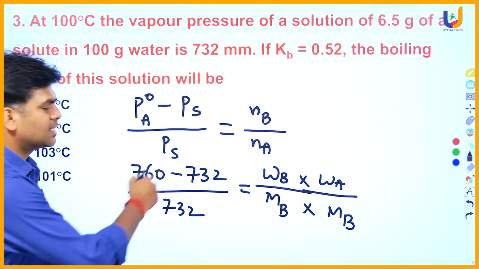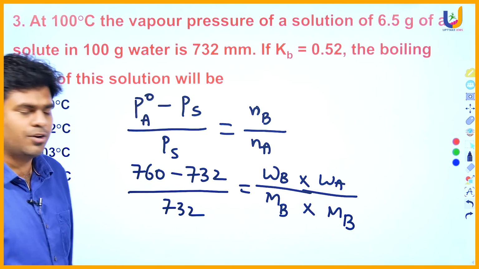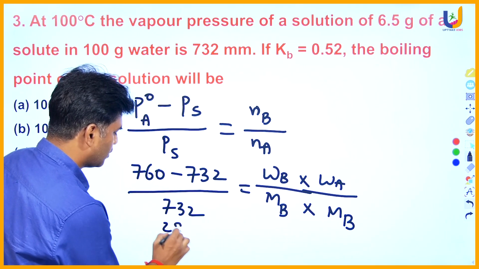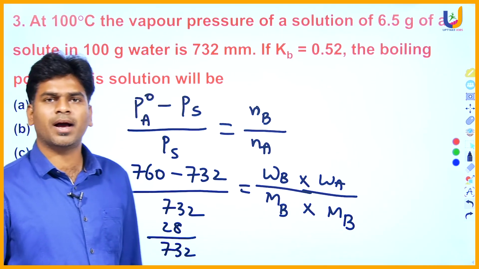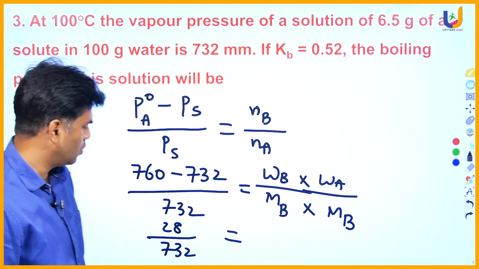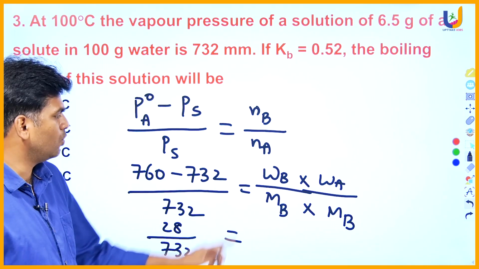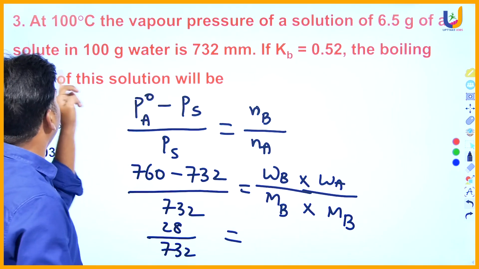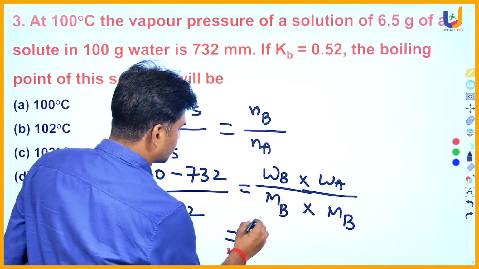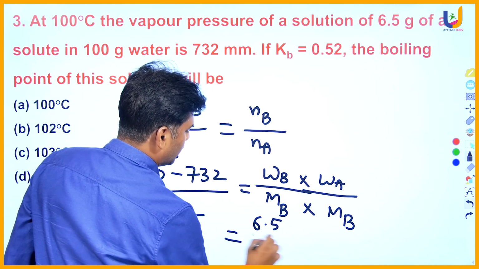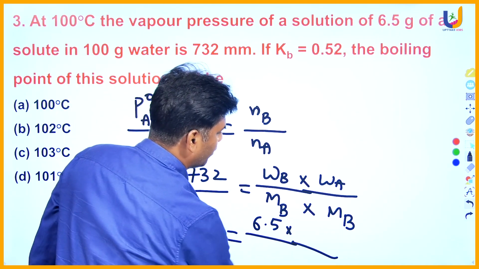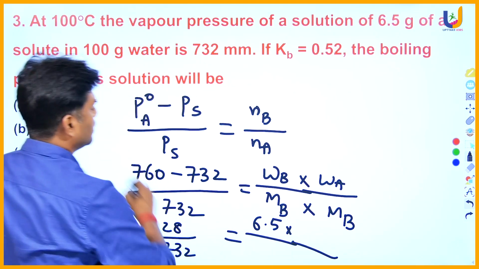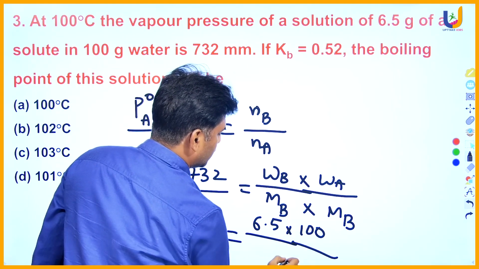Now 760 minus 732 gives 28, so 28 by 732. The weight of solute is 6.5 grams, and the weight of solvent is 100 grams.